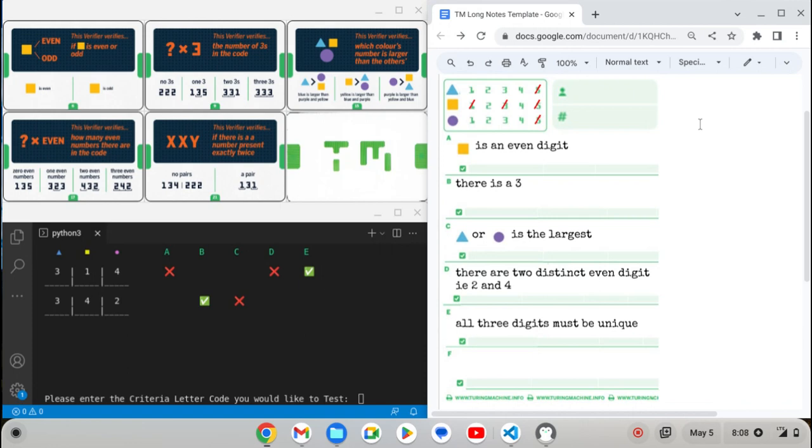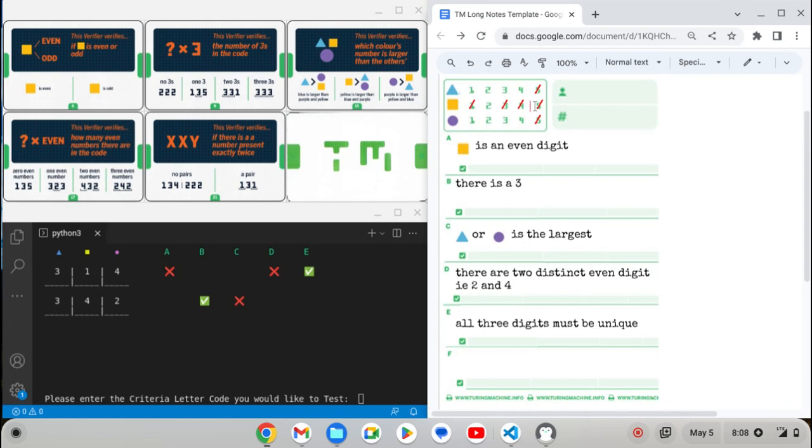So if square is not the largest, it must be a 2. So 4 is invalid for square. Square cannot be a 4, so it must be a 2.